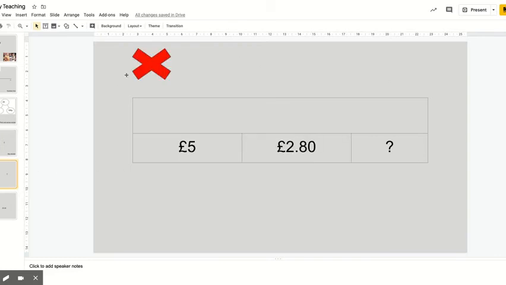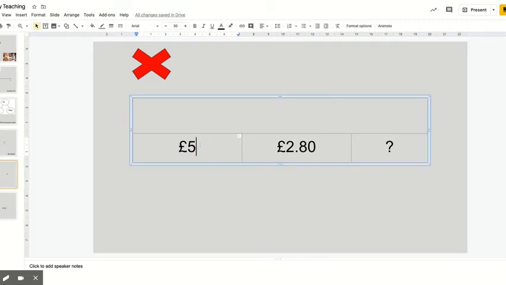Lots of times we'll come across a bar model that looks like this, which is incorrect, because what you're saying here is you're saying you've got £5, you've got £2.80, and you've got some unknown quantity. What that's suggesting is that actually you started with a lot more money.